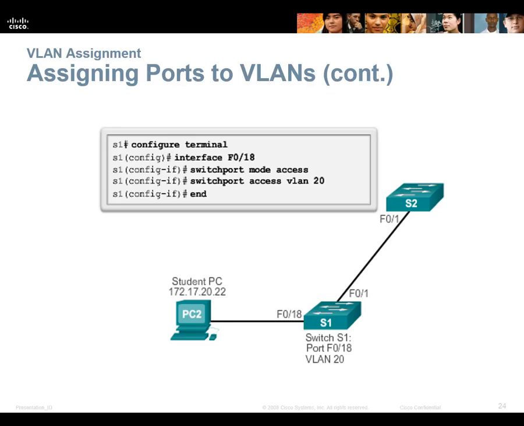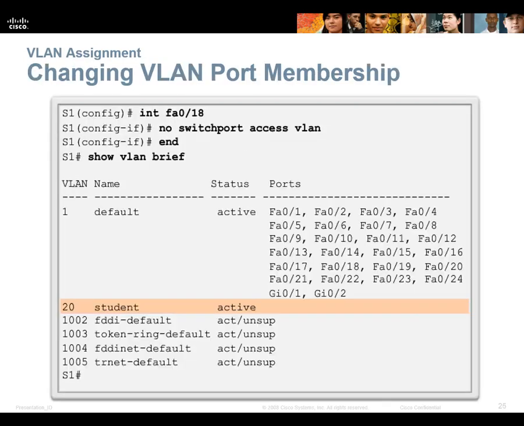So here, a quicker way: config terminal, go to the interface, in this case Fa0/18, switchport mode access, switchport access VLAN 20. So that assigns that port to VLAN 20. And then show VLAN brief will show that I now have a VLAN of 20 created, and it's active.